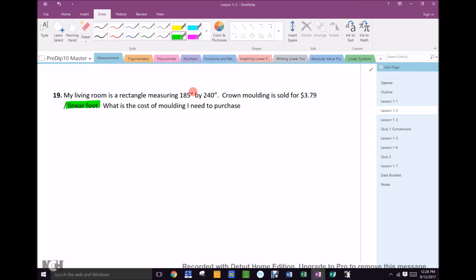Is my height a linear measurement or not? Yeah. Why? Because we're not measuring across. You're measuring from the bottom of my feet right up to the top. Doesn't matter how skinny I am, doesn't matter how fat I am, doesn't matter how Superman muscly I am. My height is a straight line, yes? Yeah. Is perimeter a linear measurement?